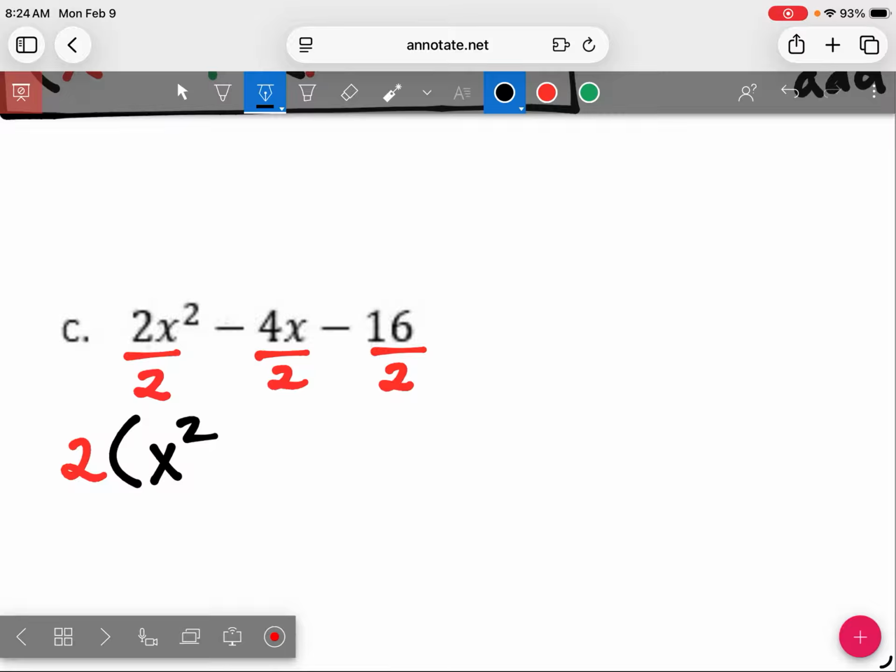Divide all 3 numbers. Divide the 4 by 2. So this is now a 1. So you got 1x squared. Go ahead and divide the rest by 2. 4 divided by 2, 16 divided by 2.